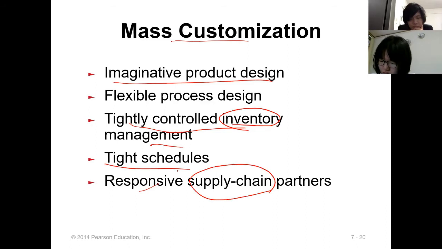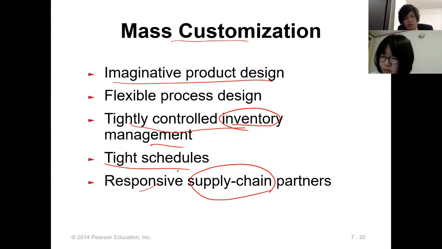For example, Dell: once an order comes in, they push it through their electronic data interchange system to the suppliers. Suppliers know what to produce and then send to the next level of manufacturers until final assembly. So the supply chain must be perfect. But of course, during this pandemic, it's very difficult. There will be shortages of electronic components and so on.